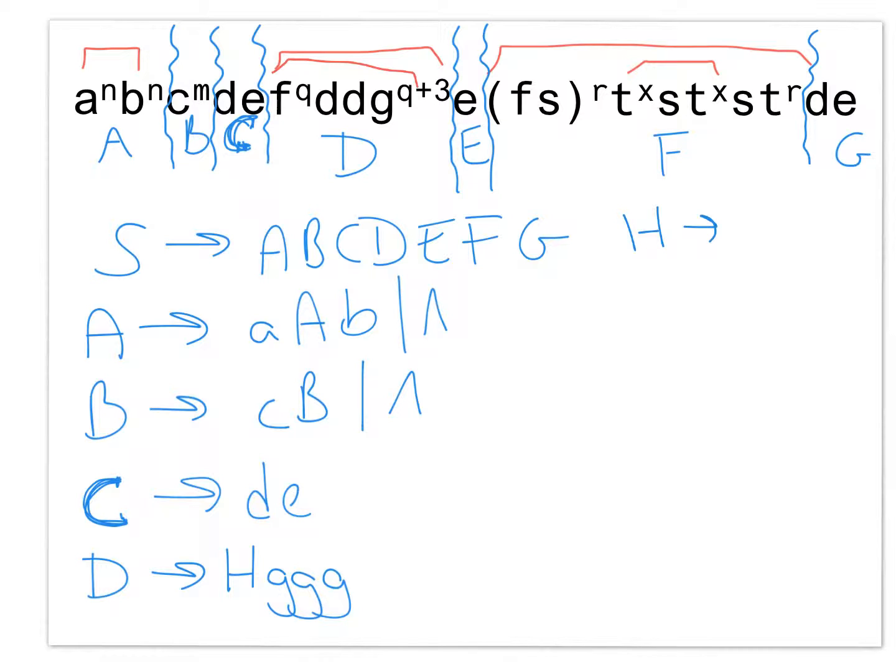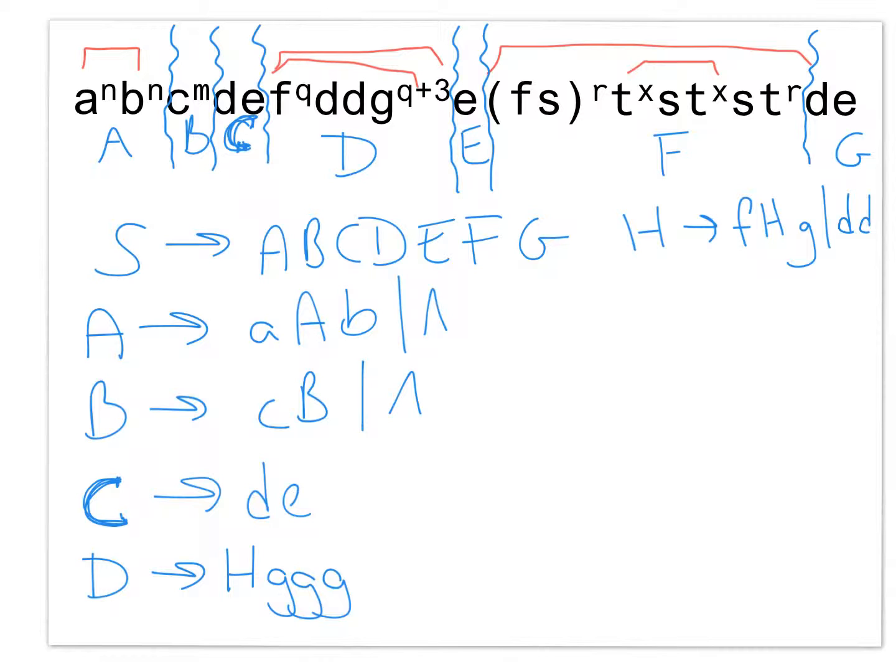It's going to go to an F followed by an H followed by a G, right? Or, well, we don't have to end with lambda this time. In fact, what we can do is say, well, what goes in the middle of this one? Well, in the middle of this one, we've got just 2 D's, right? So we can say it goes to FHG or DD. All right? That was H.